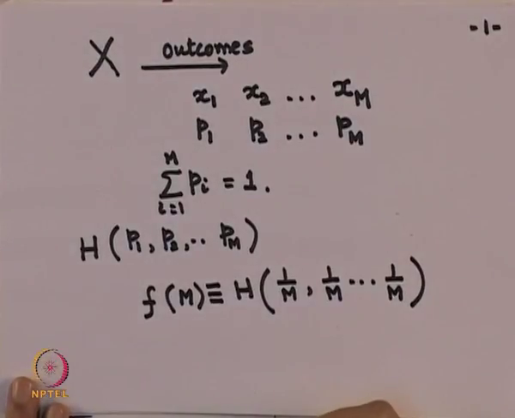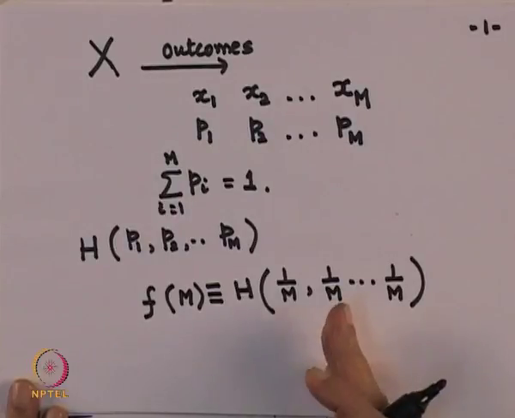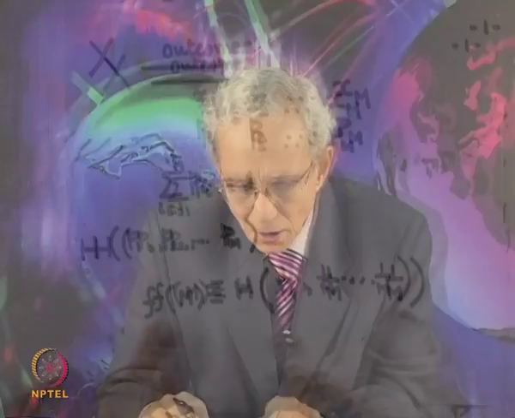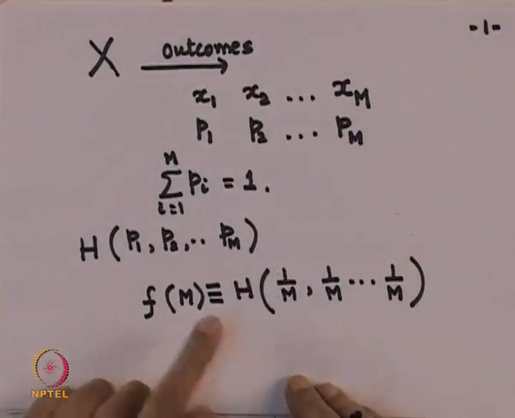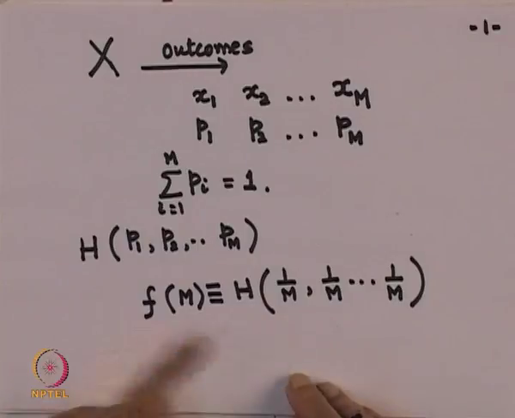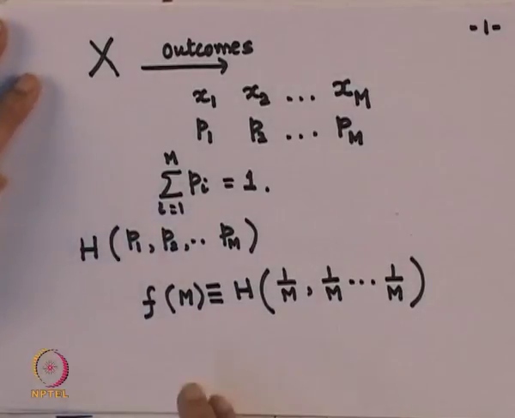What does it actually mean? It means that suppose you are doing a coin toss. Now I know that in a fair coin toss, I have only two events, p1 is equal to half, p2 is equal to half. So my f of 2 is H of half, half. So that's what is meant by this function.